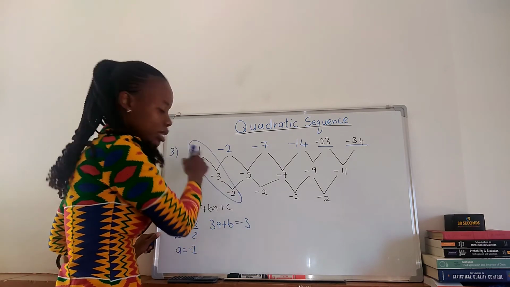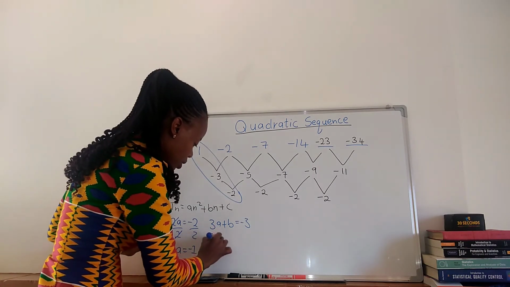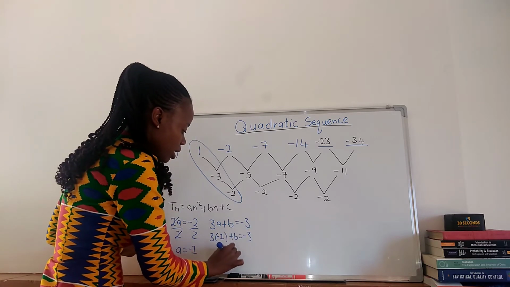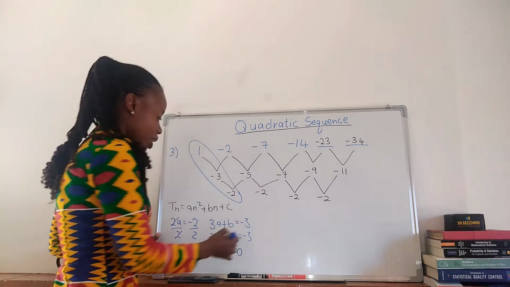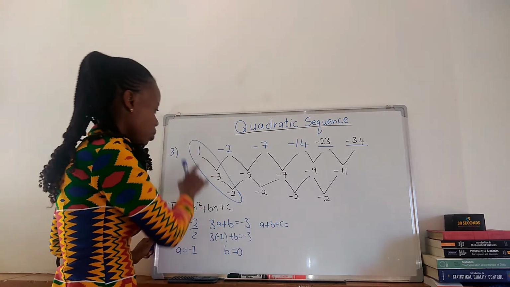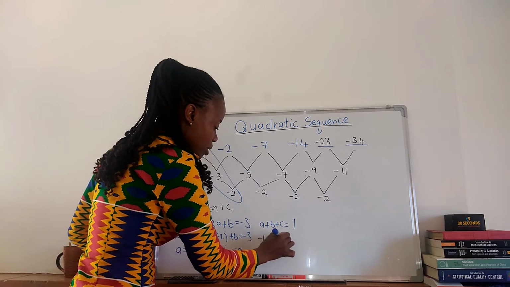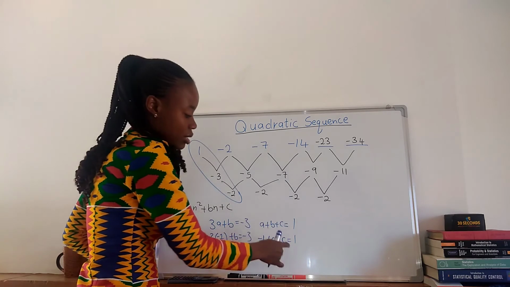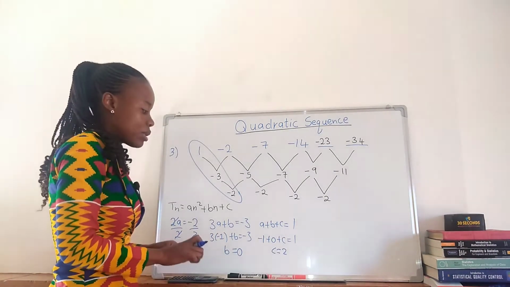Remember, you just did this with the previous one. A is -1, so we have 3 times -1 plus b equals -3. We're going to have -3 plus 3, which is 0. Okay, and to find c, a plus b plus c equals 1. Okay, a is -1 plus 0 plus c equals 1. Right, we're going to take -1 the other side, which means we're going to have 1 plus 1. So our c is 2.